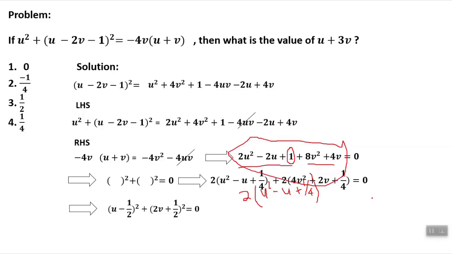These 2 squares add up to 0, which means u is 1/2 and v is negative 1 by 4. And therefore I have a unique value, as expected, of u plus 3v, which is going to be option 2.